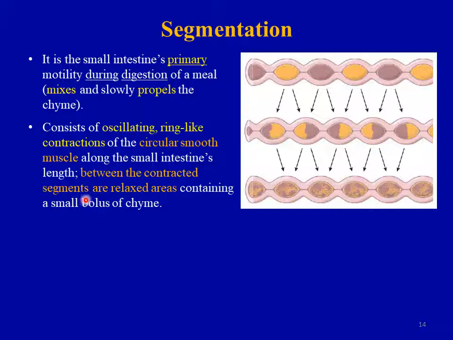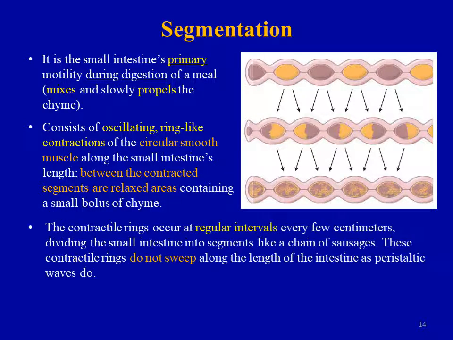Between the contracted segments are relaxed segments. So there are contractions at regular intervals, and between the contractions we have relaxed areas. This relaxed area contains a small amount of the chyme.